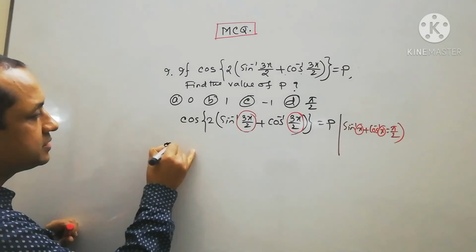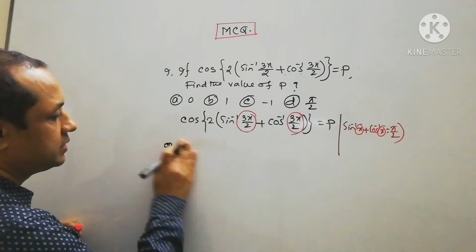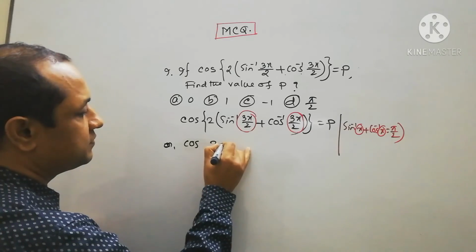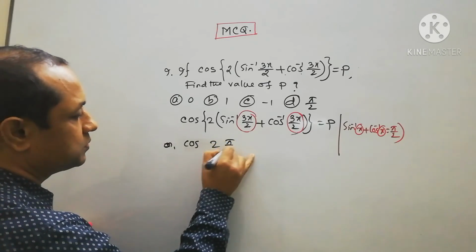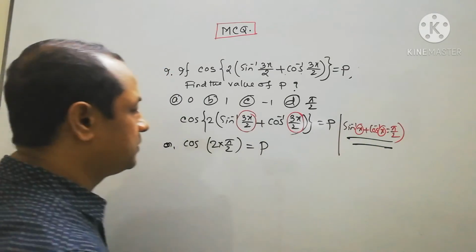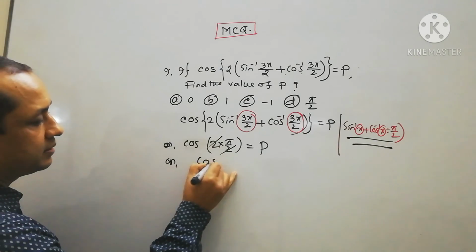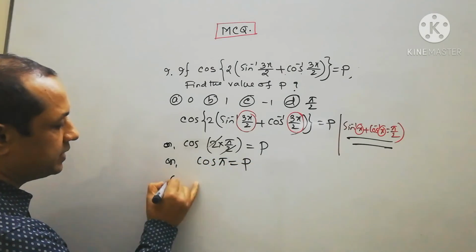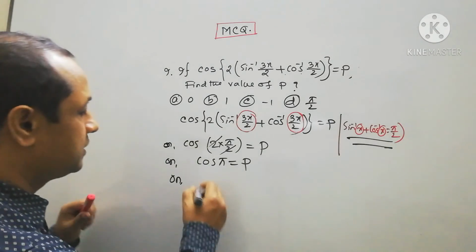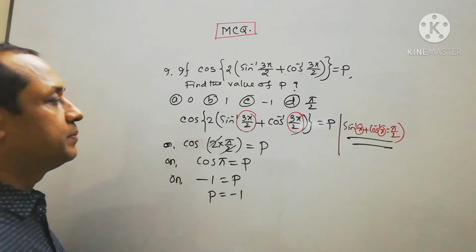Then we can write cos of 2 times (sin inverse x plus cos inverse x), which is pi by 2. Using this formula, the 2 cancels, so we get cos pi, which equals cos 180 degrees. Using a calculator, cos pi equals -1. So the value of p equals -1.